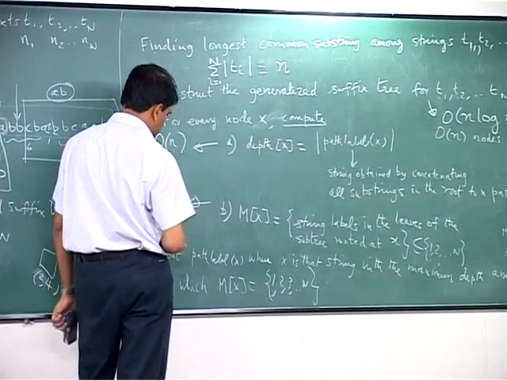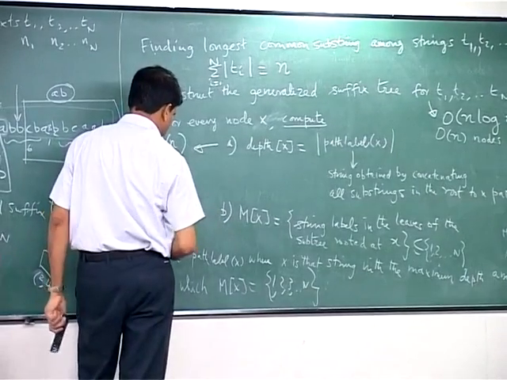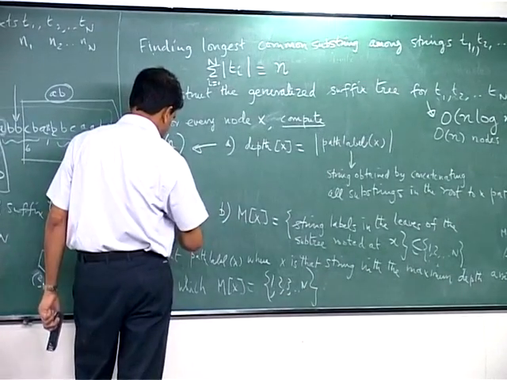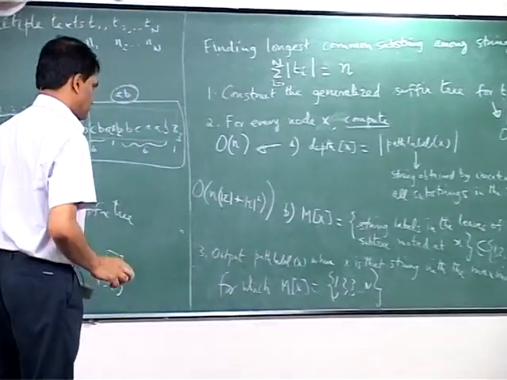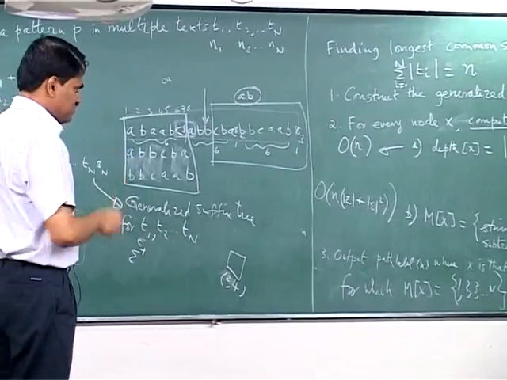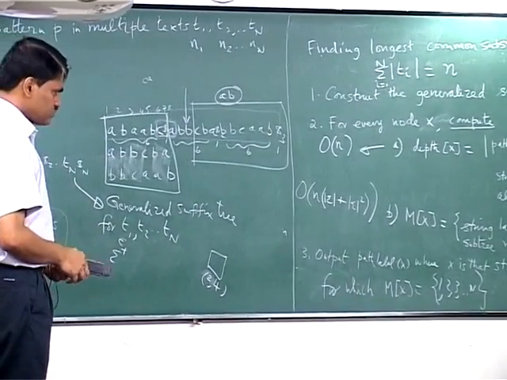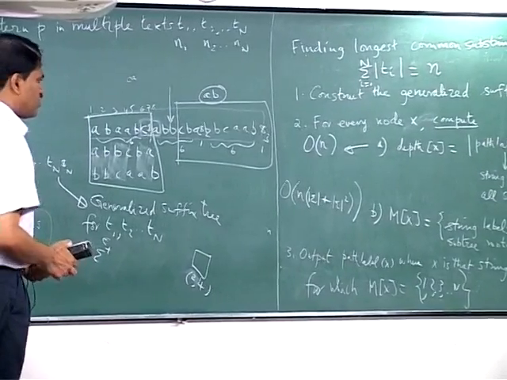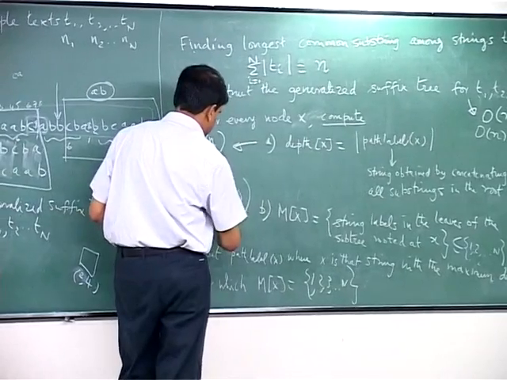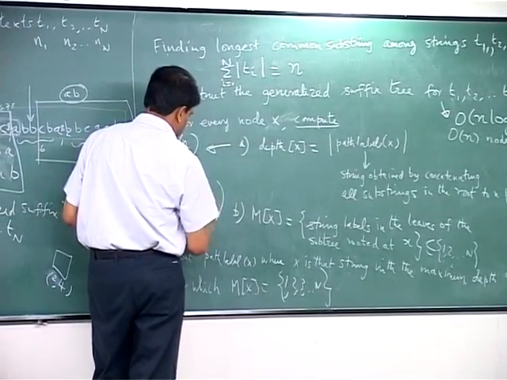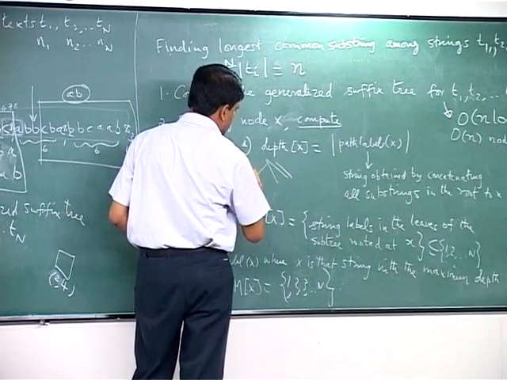Each could be of size at most sigma. So some such time. No, not sigma, capital N, right? Each could be of set size, right? So I have this set could be of size at most n.